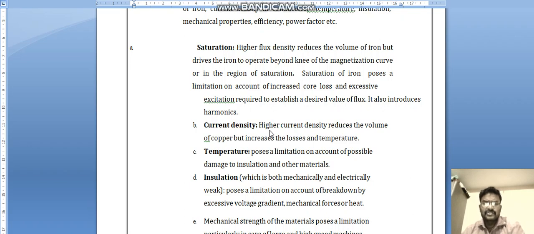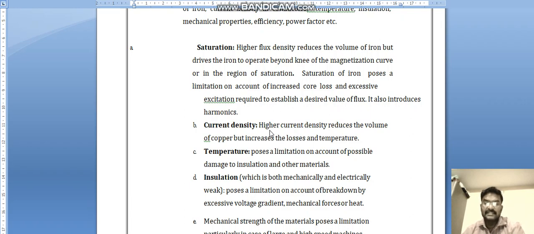The insulation should be capable of electrical withstanding, that is voltage and current withstanding capacity. And if it is a transformer, motor or generator, centrifugal force will act, and the insulation should not be affected by it.